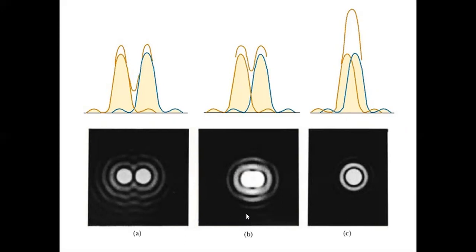Now when the car is very far away, you don't see two headlights. The two headlights appear to be merged together. Why is it so? Because light coming from each headlight will enter your eyes, and each headlight will produce its own diffraction pattern. One headlight will form the brightest image, a next brighter image, and a next brighter image.